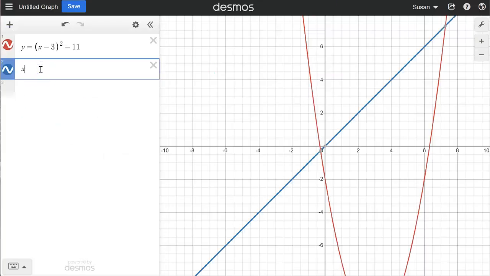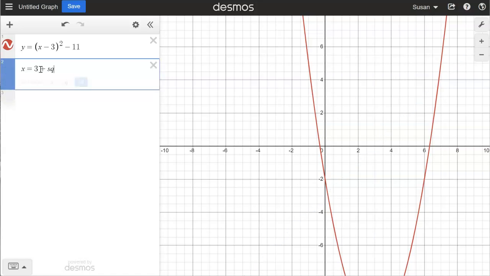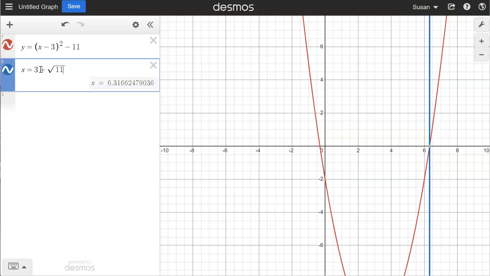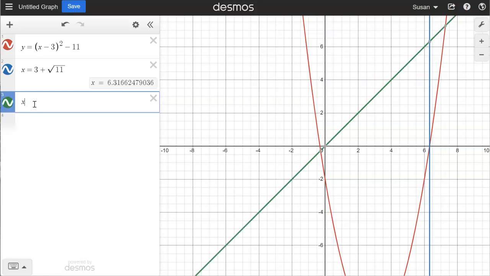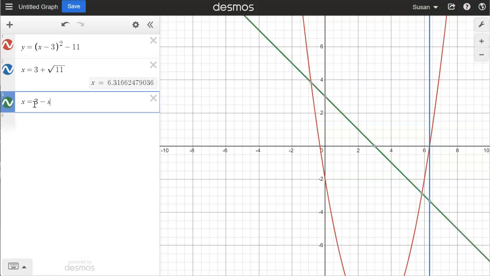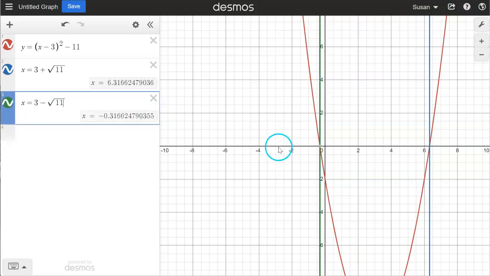So they will type these in. 3 plus the square root is SQRT, and you'll notice that it produced a vertical line that went through that x-intercept, so that's telling you that was a solution. And then x equals 3 minus the square root of 11 is going to go through the other x-intercept.